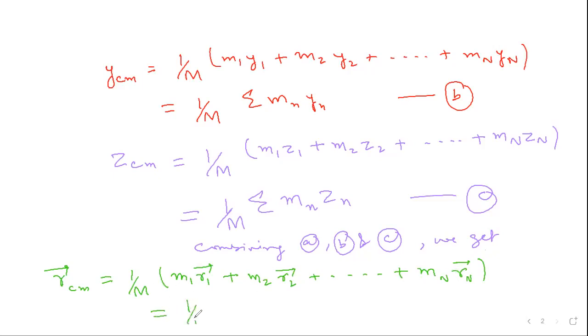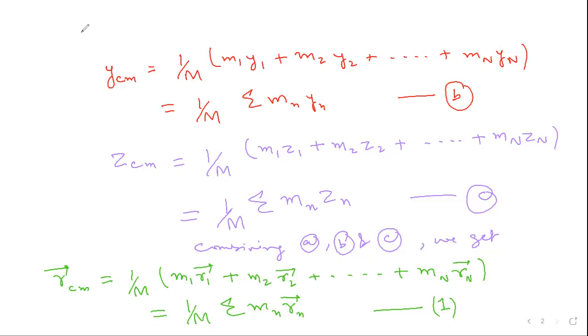Or in compact form, I write it 1 over m summation m subscript little n r subscript little n, right? I name it equation first. So this equation 1 contains all the information contained in three equations A, B, and C.